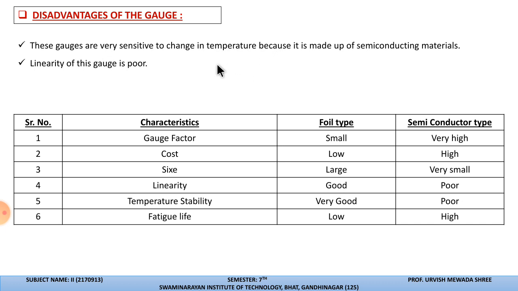So whenever temperature fluctuation occurs, it is sensitive to the change in temperature, so it can generate error where the temperature changes continuously. Now the linearity of this gauge is poor, because as current passes through this material, it gets heated up, and due to the heating it loses its linearity during the measurement.